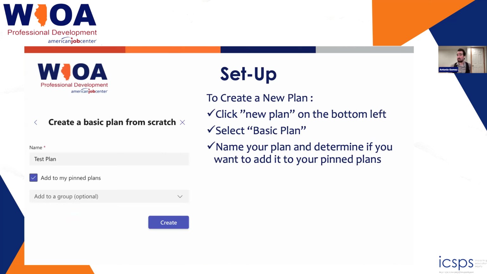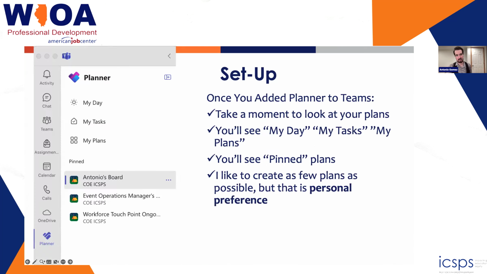I honestly haven't really investigated the pre-made templates much, so they might be fantastic, but I don't want them. I want a basic plan. So I just choose basic plan. Again, that is personal preference. But I really want to keep things as simple as possible. So basic plan, you name your plan, add to my pinned plans, which is that little section right there, right underneath all of the other ones, like on this thing.